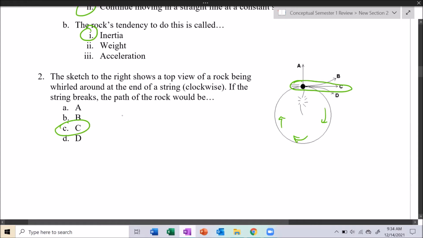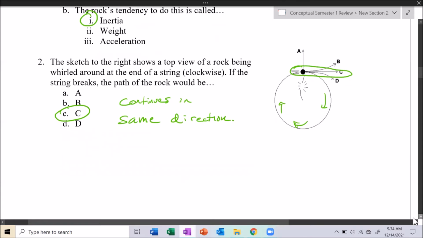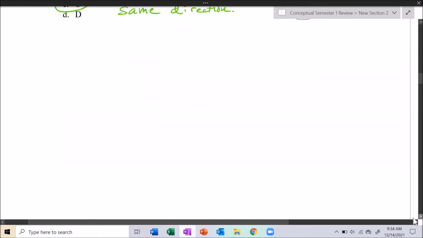If you cut the string at that point, the direction stays the same. It stays going in the C direction. There is no tendency for it to keep a circular direction unless a force was acting on it. Once you get rid of that string tension force, it's free to move in the same direction it would be going if you were just to let it go.